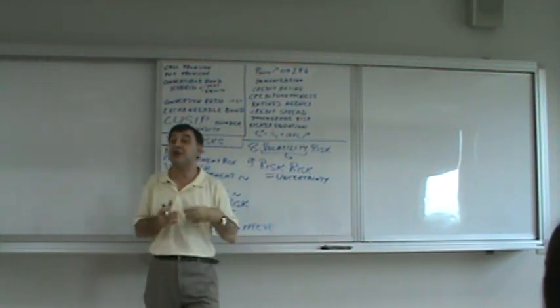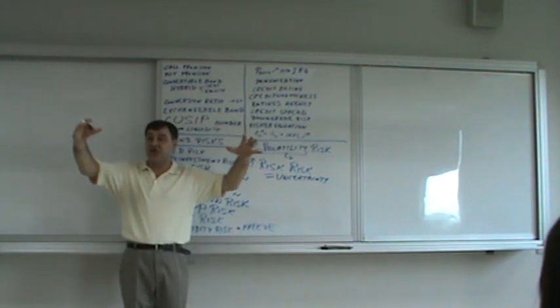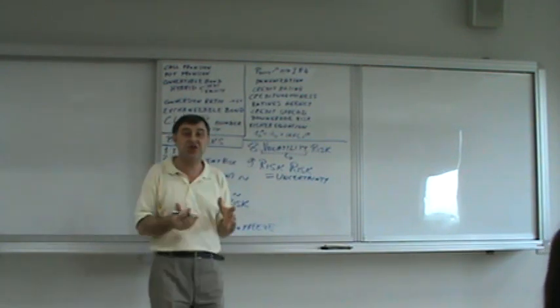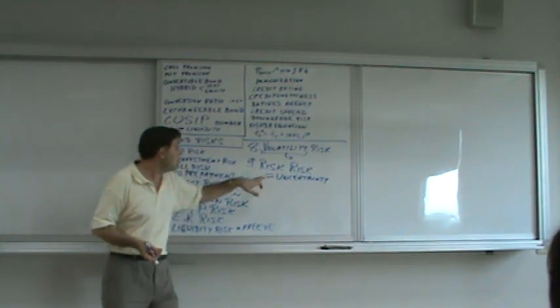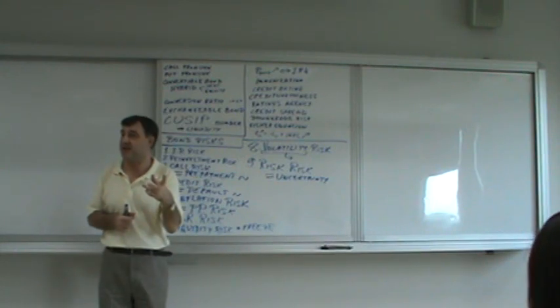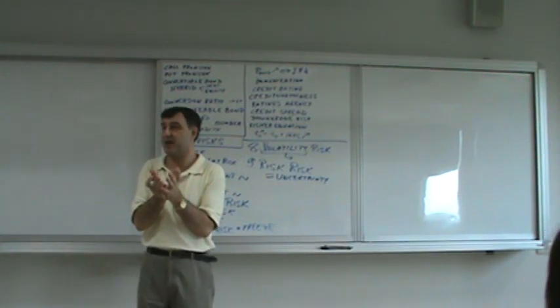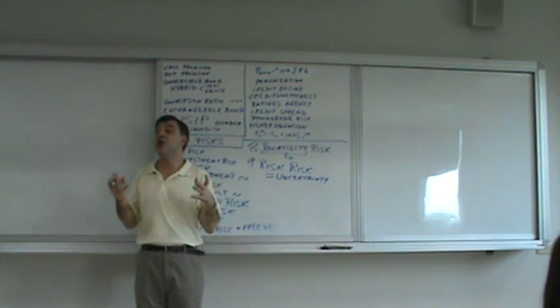In risk, you can actually estimate the probability. You know what the chances are. You know that the chance of the dollar devaluing is about 10%. So in risk, you have a probability and a good idea of what it is. In uncertainty, you have no idea.